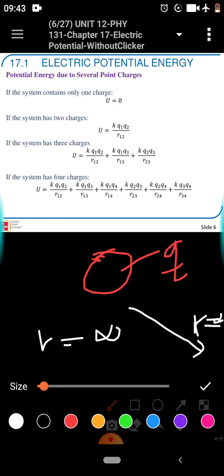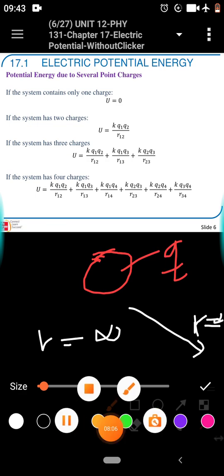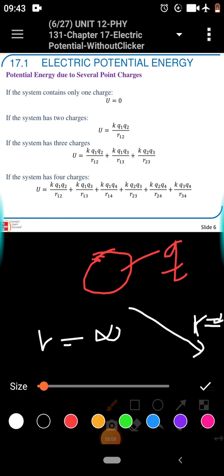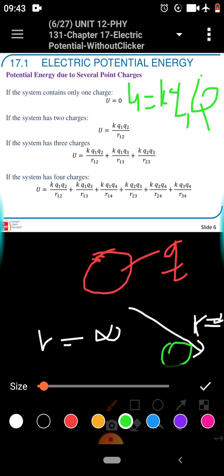So when you work this out, the equation is U equal to k q1 times the q at infinity, a reference charge q at infinity, divided by r.